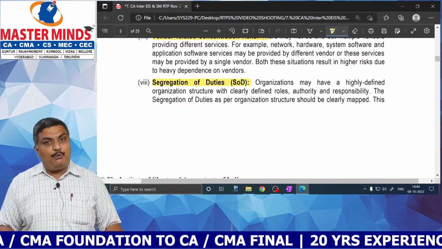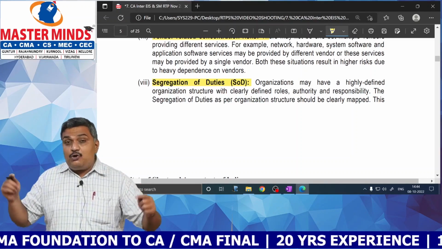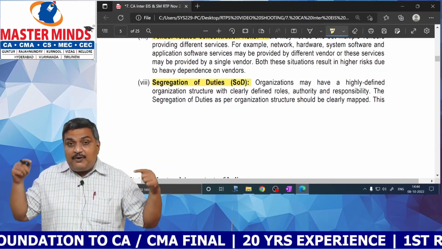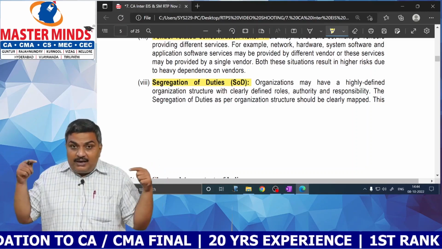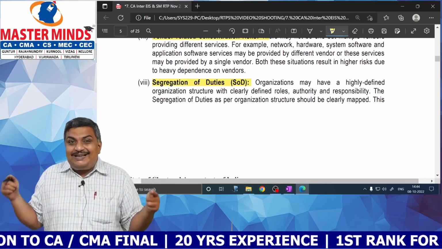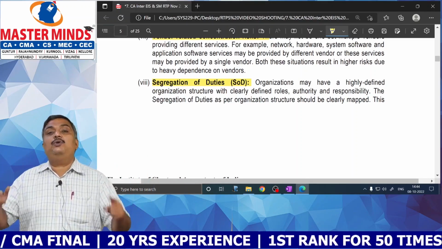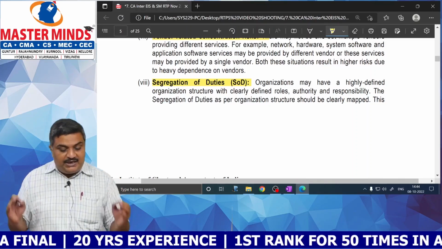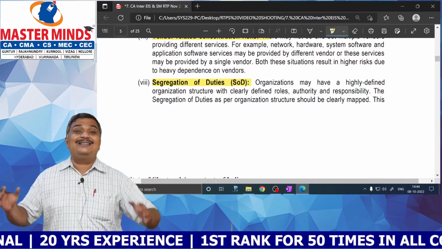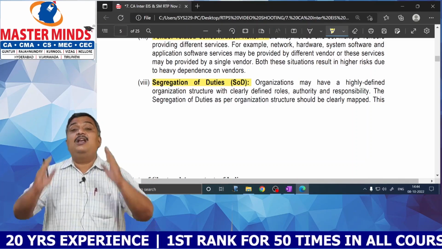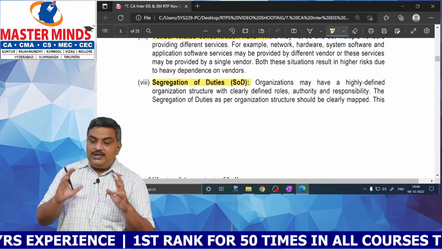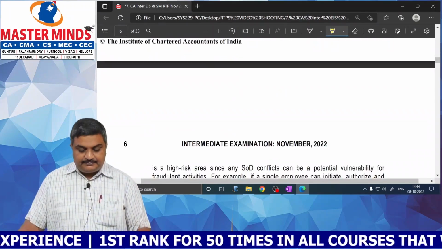That is the most important thing. If a particular duty or a task is not segregated among different people, then that will definitely give rise to risk. So there should definitely be segregation. What do you mean by segregation? Separation of duties should be there.